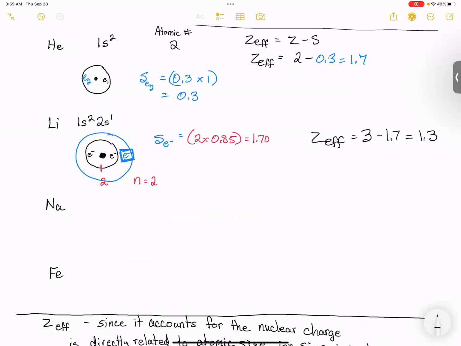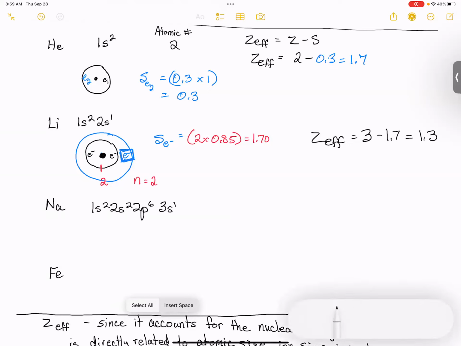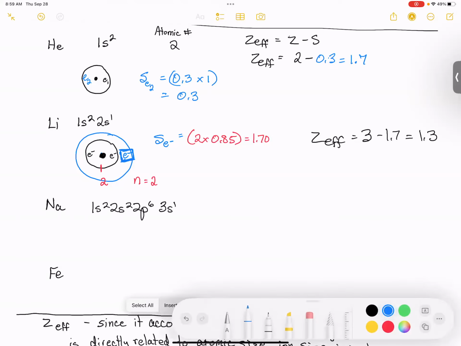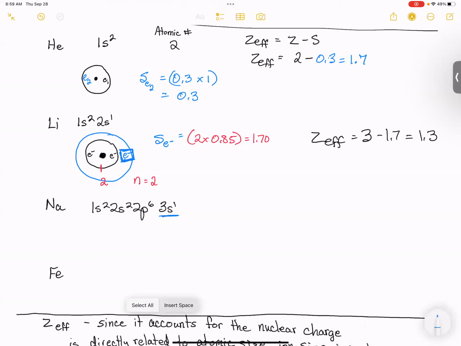Let's look at sodium. Sodium is 1s2, 2s2, 2p6, 3s1. I'm going to figure out what's going to happen to this 3s1. Now, folks, I can actually figure it out for every single electron in the atom by using these rules.